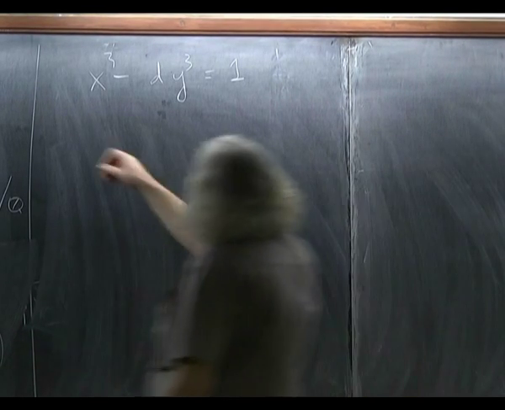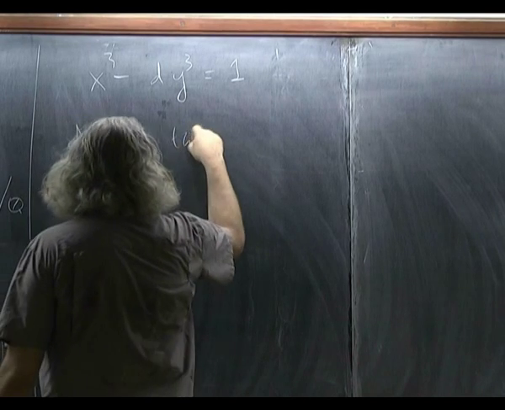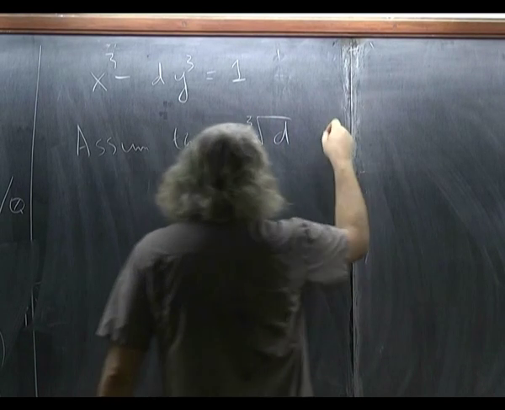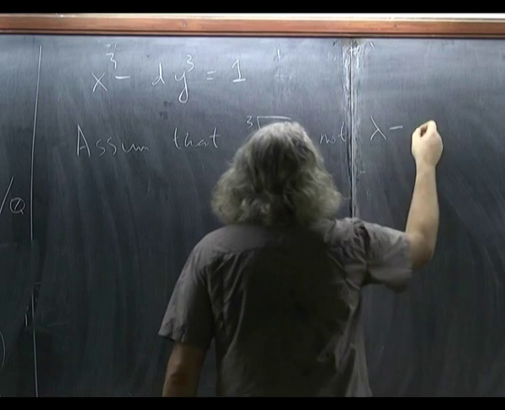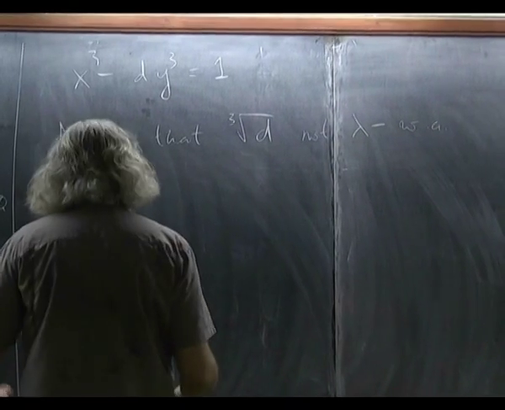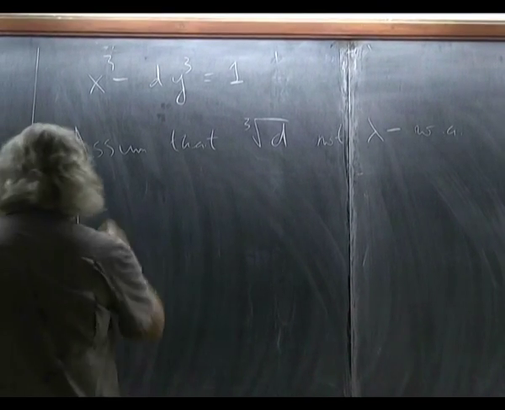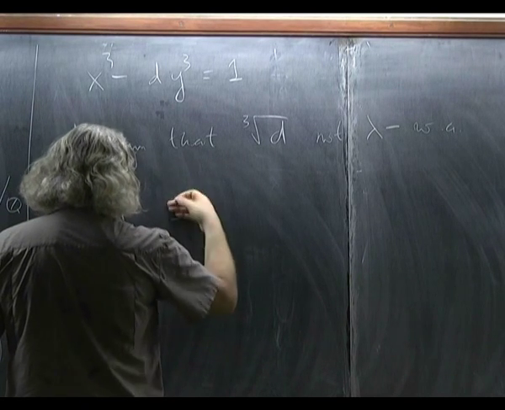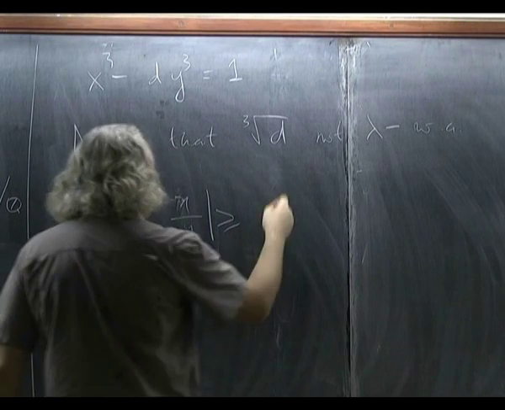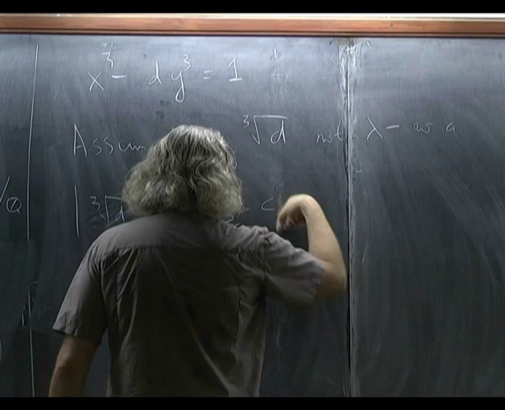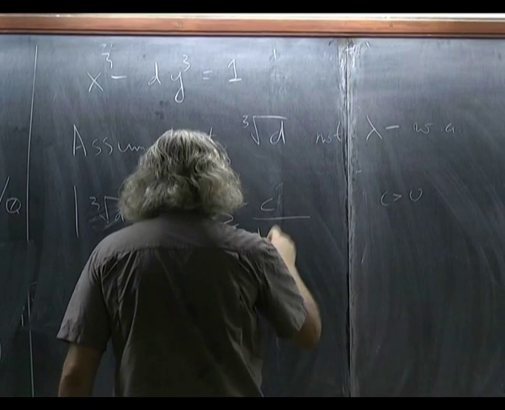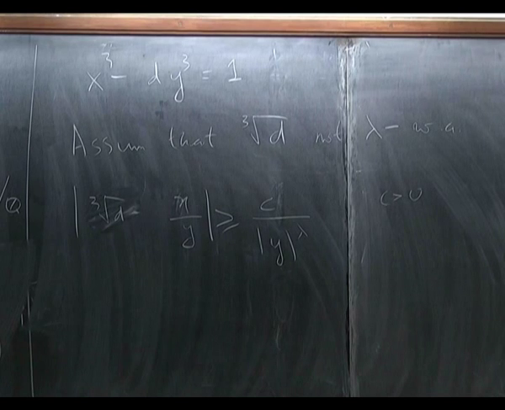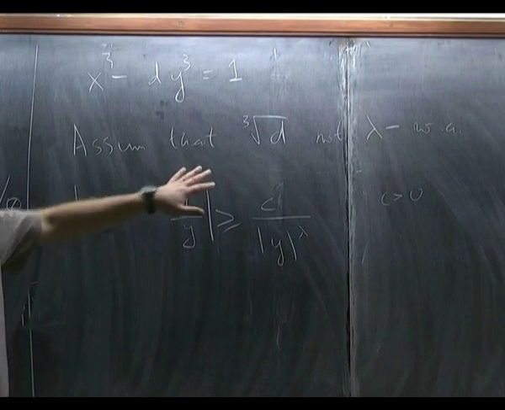So assume that cubic root of d is not lambda well approximable, which means that cubic root of d minus x over y is bounded by some constant depending on d. So we have this sort of inequality. Good.